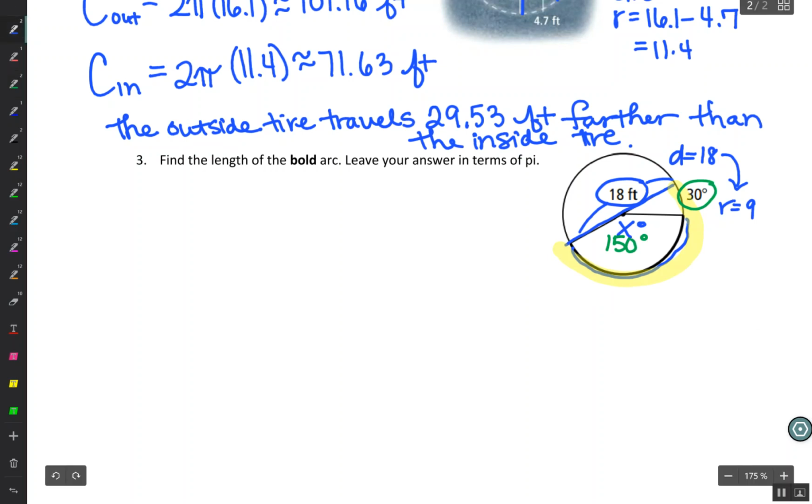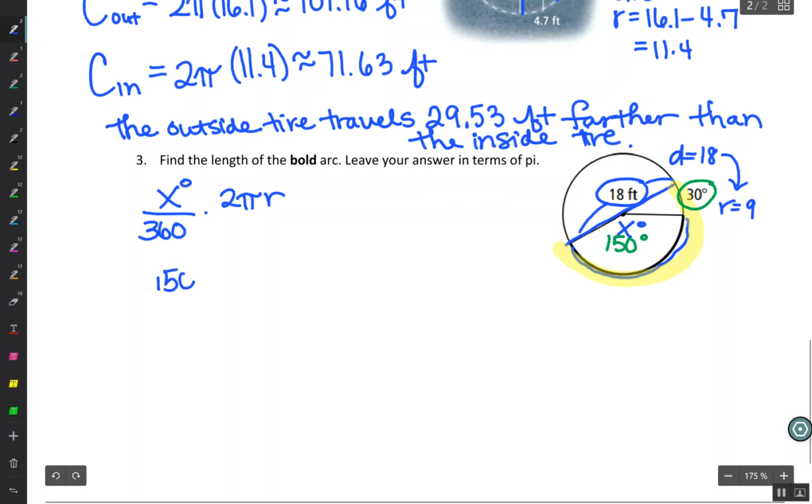Okay, we have everything that we need. Remember, you take the degrees over 360 and multiply it by the circumference. So we're going to do 150 over 360 times 2 times pi times 9. By the way, the circumference, you could replace this with pi times d, and that's fine also.